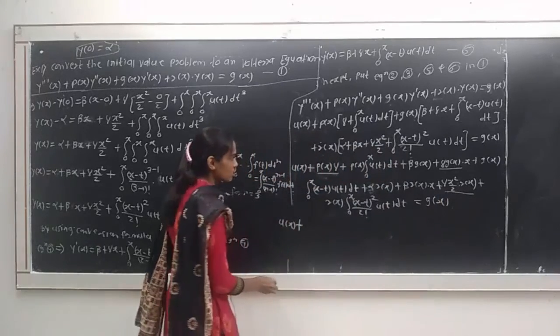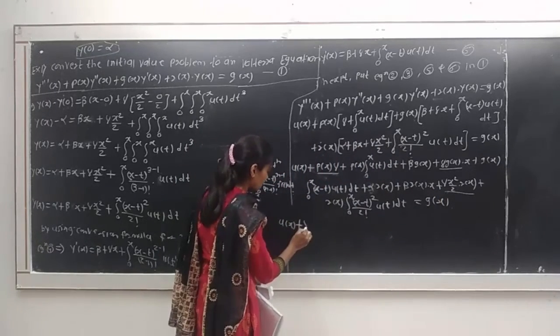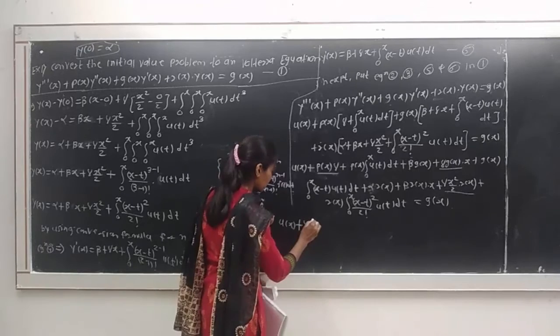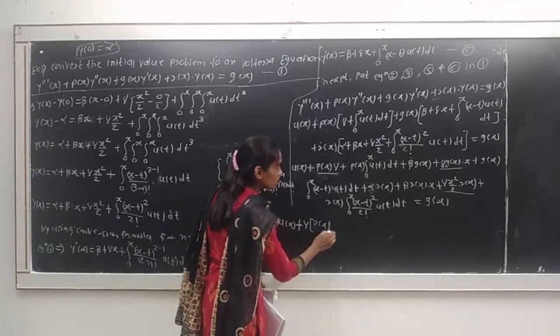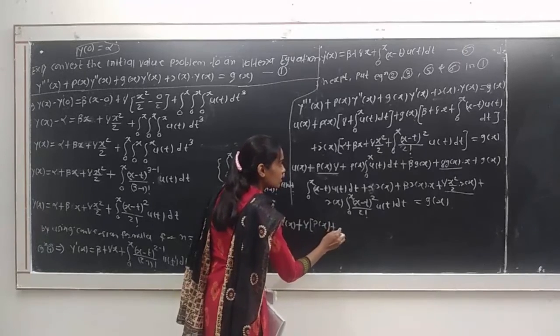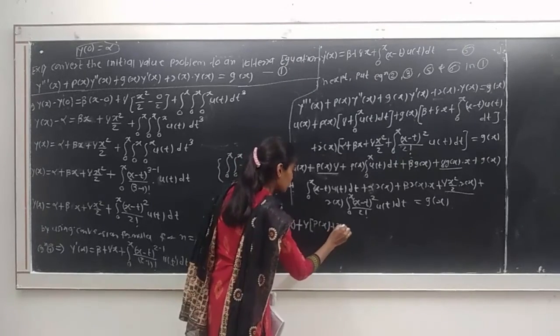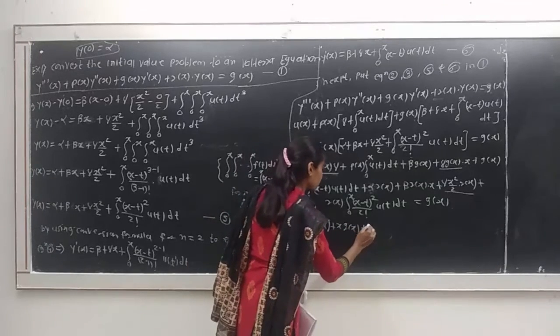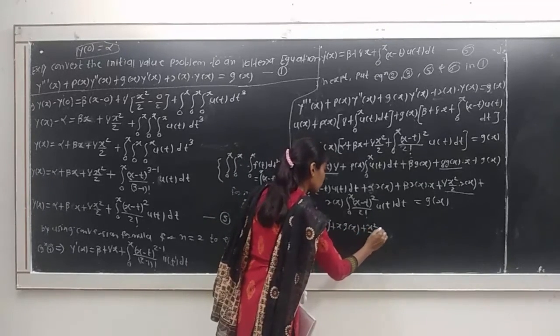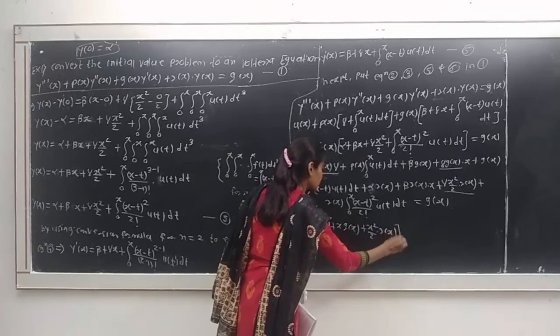We separate these three terms and taking gamma outside, that is gamma inside the bracket, we get p of x plus x into q of x plus x square by 2 into r of x.